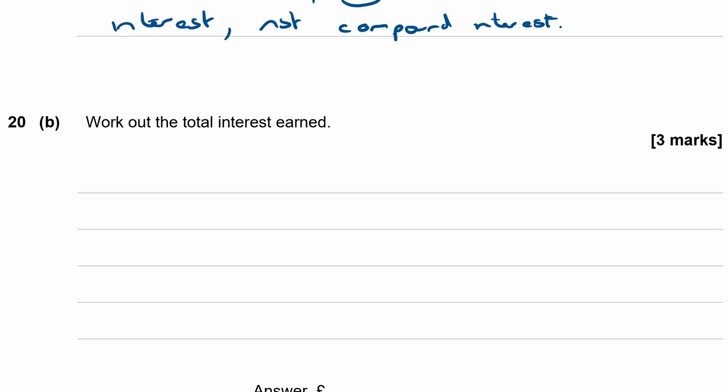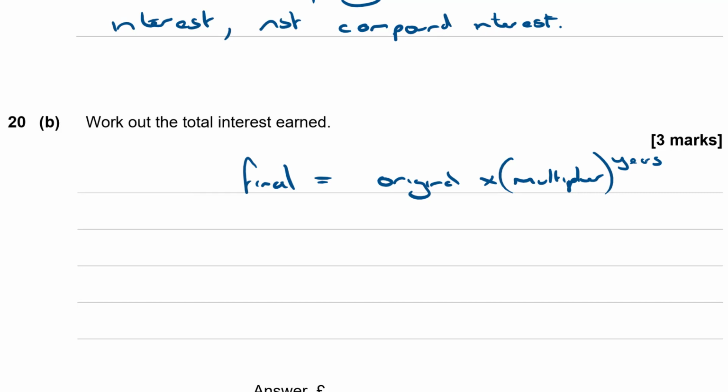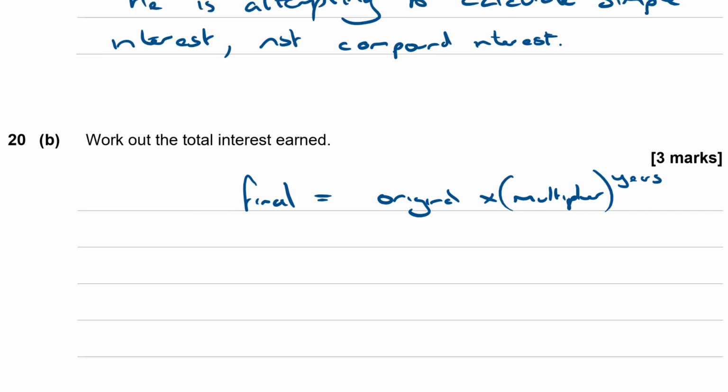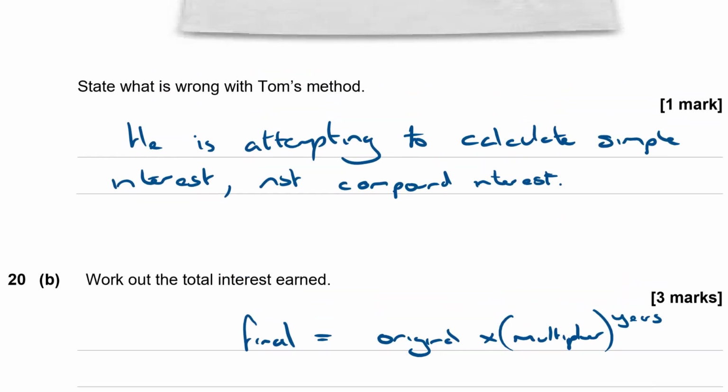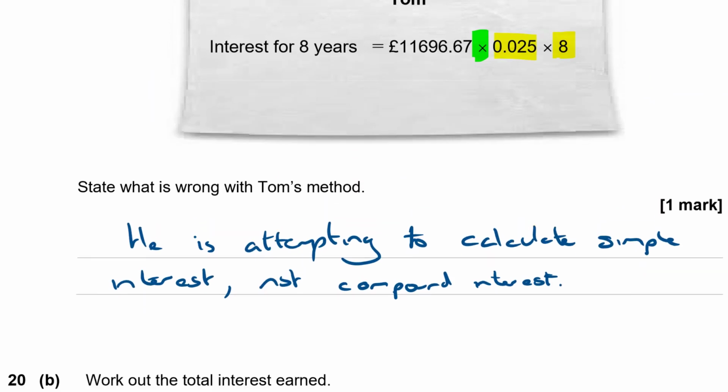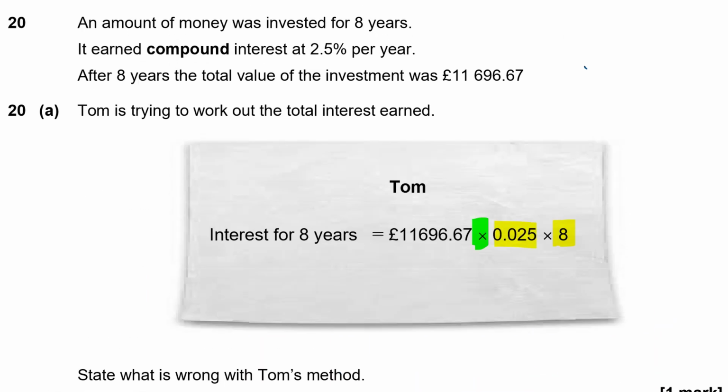Well, for compound interest, the final amount is going to be equal to the original amount times the multiplier raised to the number of years, or number of times that the interest rate is going to be applied. Okay, so we are told that we've got the final amount, which is 11,696.67.